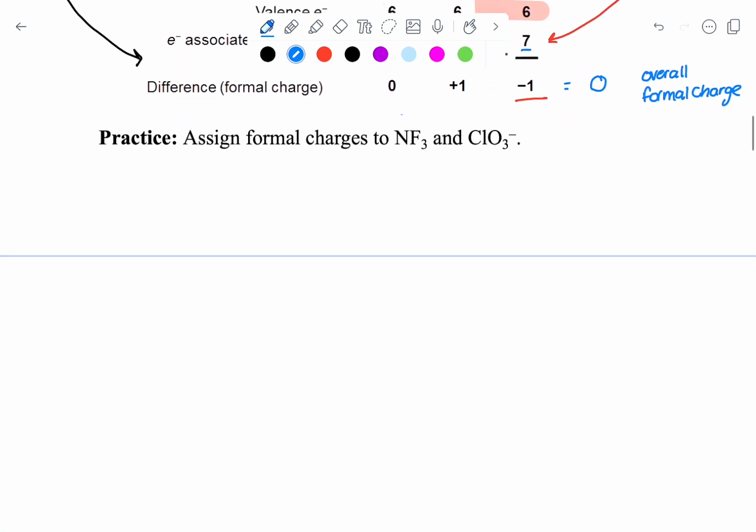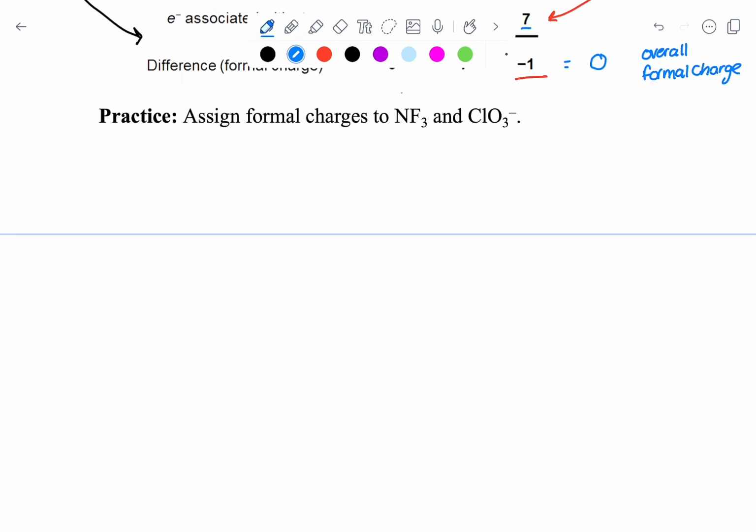So let's practice assigning our formal charges for NF3 and ClO3-. When we're looking at NF3, we're going to draw our Lewis structure first, and we're going to follow the same rules that we did for Lewis structures in our previous lessons. Our first step tells us that we have to count up our valence electrons for all of the atoms in our molecule.